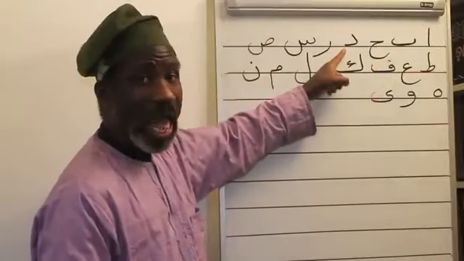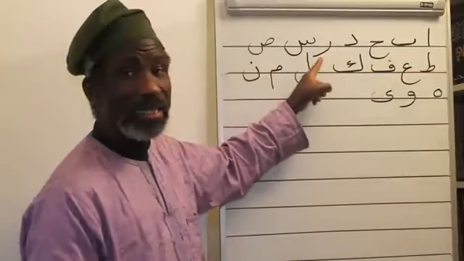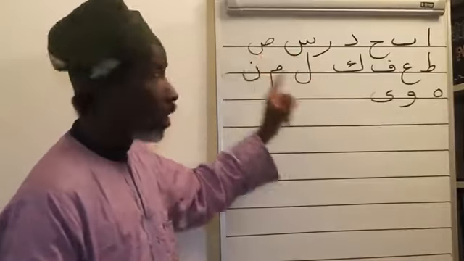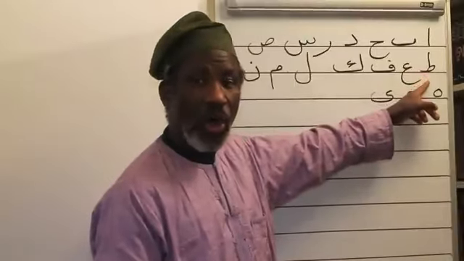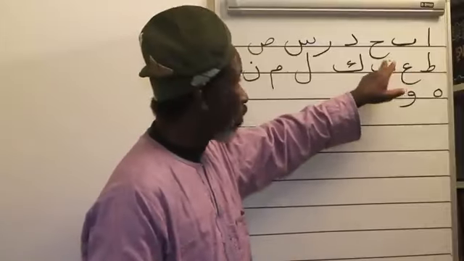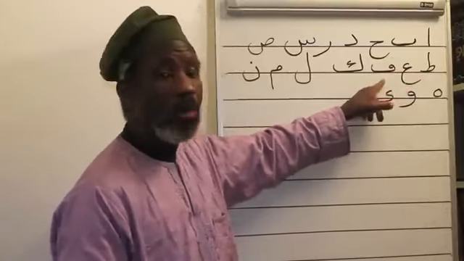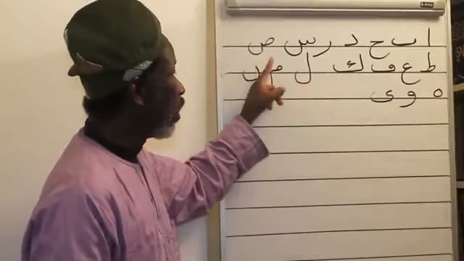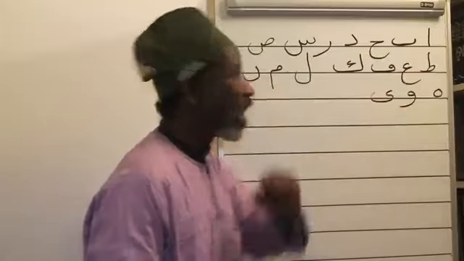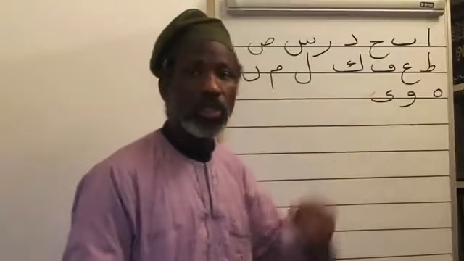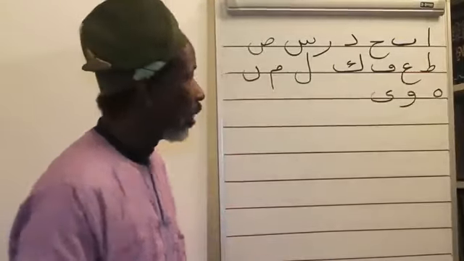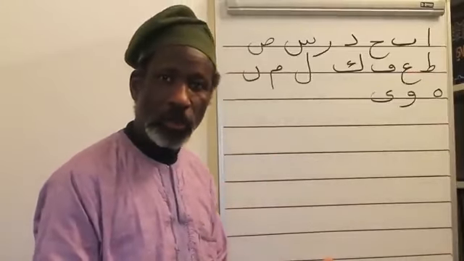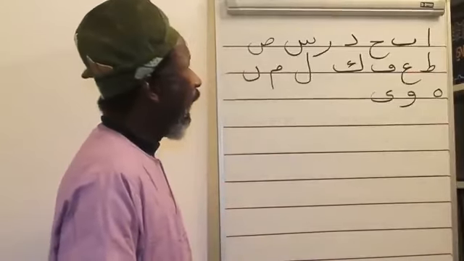This one you make dal and dhal, ra and zain, sin and shin, sad and dad, ta and dha, ain and ghain, fa and qaf, kaf, lam, mim, noon, ha, waw, and ya. These are your original base shapes. So if you know them, you just need to know how many dots, where to put them, and so on.